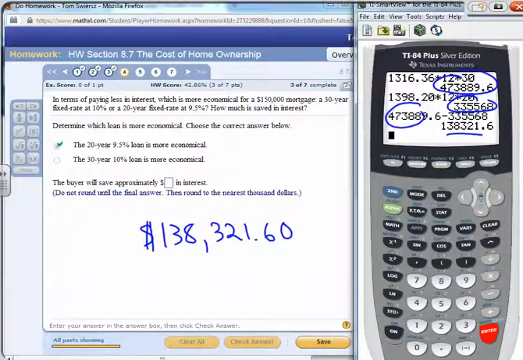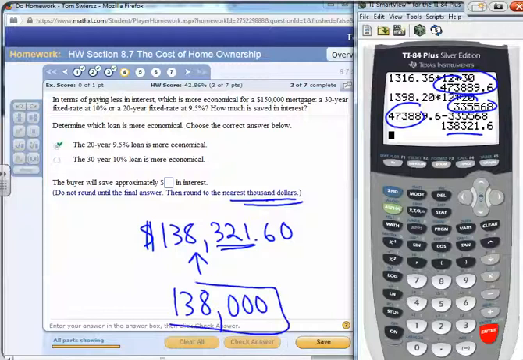Now, be careful here. This one's a little bit different. Round to the nearest $1,000. So 138,000. The 321 is less than 500, so we're going to keep it at 138,000. Notice they say round to the nearest $1,000, so we want zeros for the hundreds, tens, and ones.